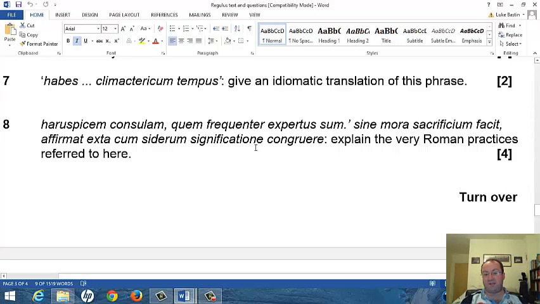Okay. You're not going to have this in your exam, but it's useful for you in terms of background. A haruspex, here we've got the accusative, but a haruspex was a very, very seriously regarded Roman religious person.